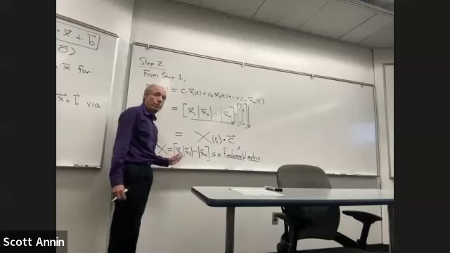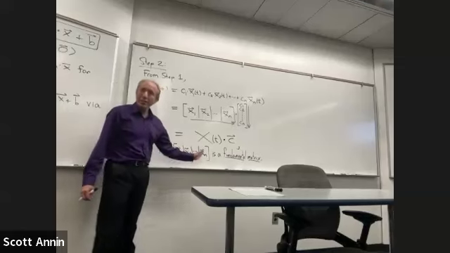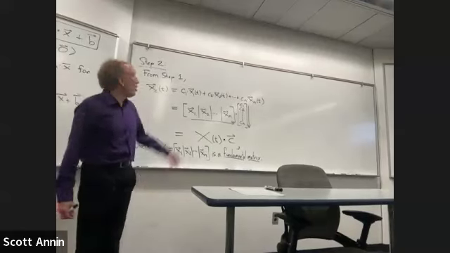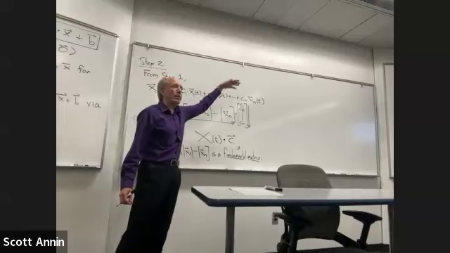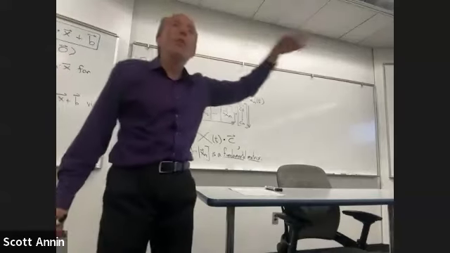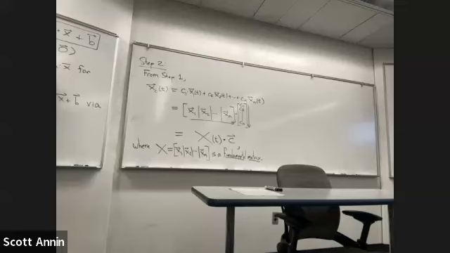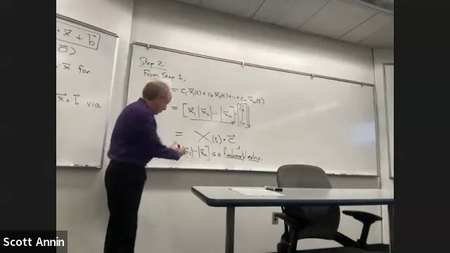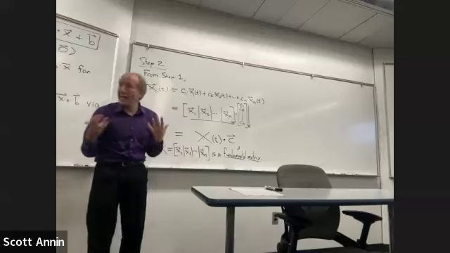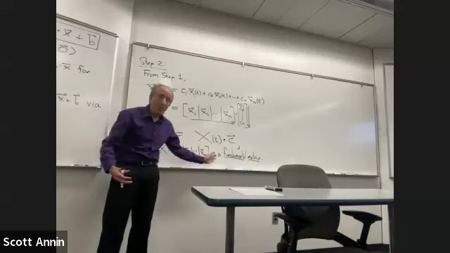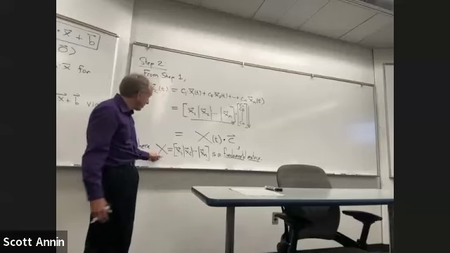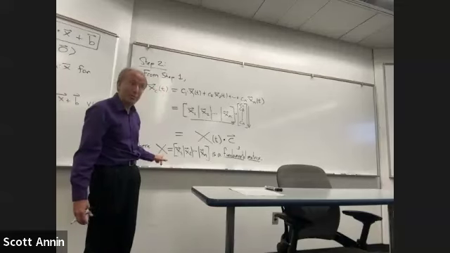By the way, these columns are all linearly independent. After all, x1, x2, x3 are a basis for the solutions to the homogeneous system. And if they're a basis, then when you write them down, they are linearly independent. And if the columns of a matrix are linearly independent, then that matrix is actually invertible.